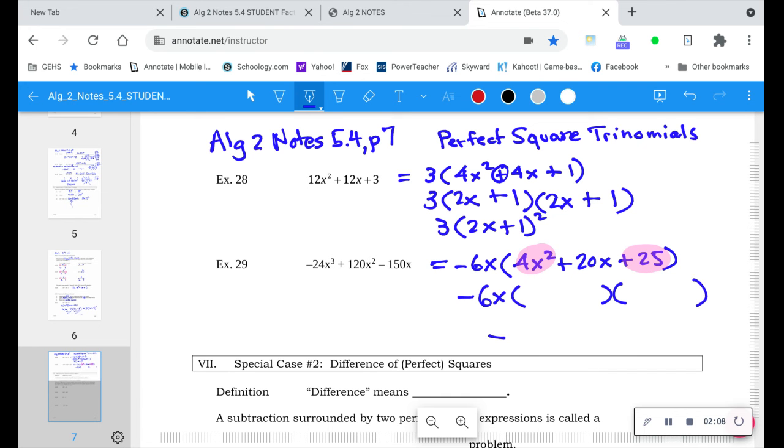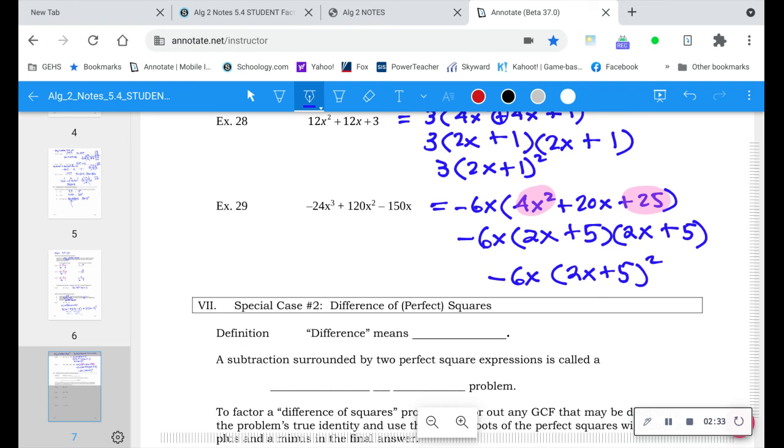A lot of times I just mass produce this because you're going to use the same factor down here in the squared version. So 2x times 2x, 4x squared. 5 times 5 to get to 25. And you always use the sign that's on the middle term. So a plus sign and a plus sign.